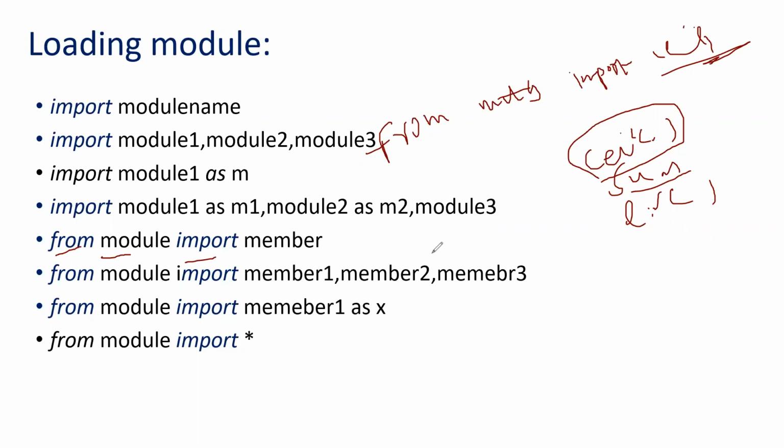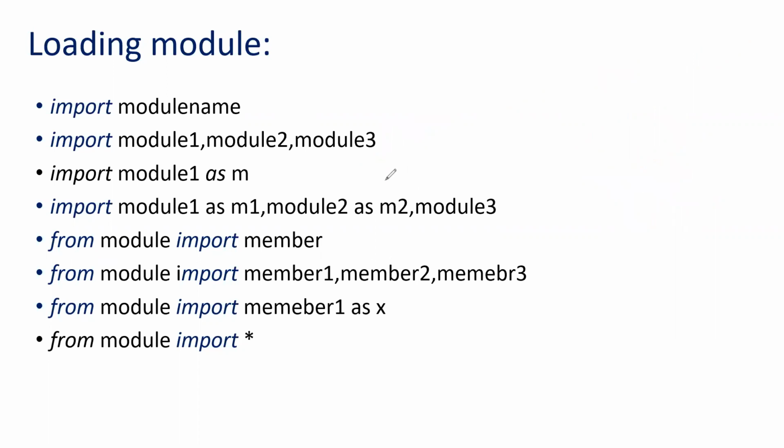If I want multiple, from math import ceil, floor. That's enough. I don't want more than that. This is another way. And of course, for that member also we can give the as.